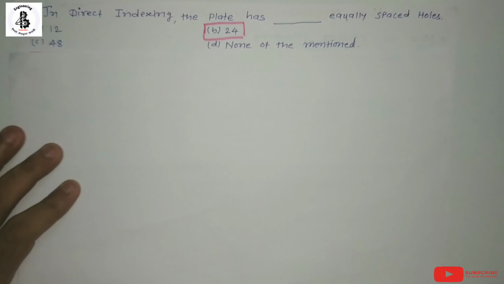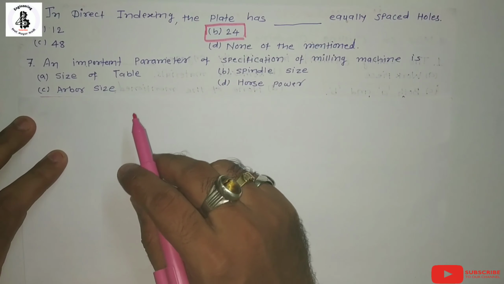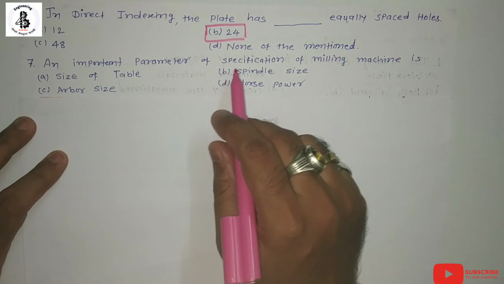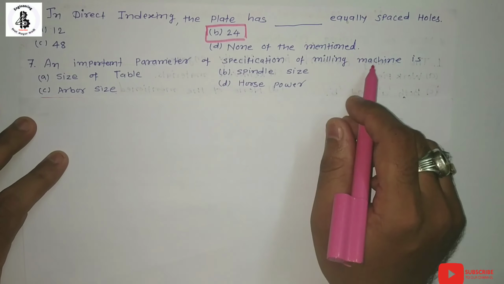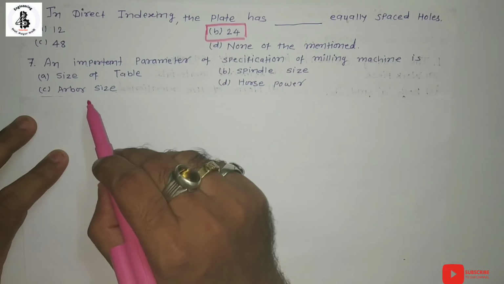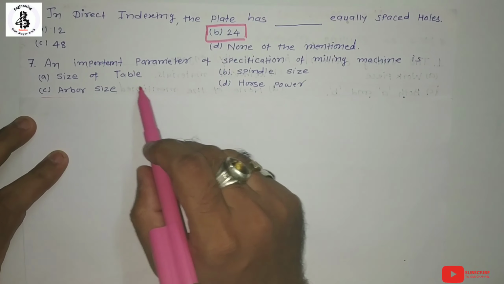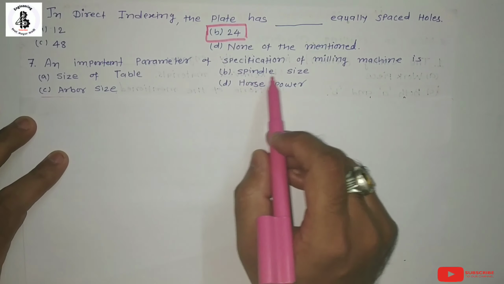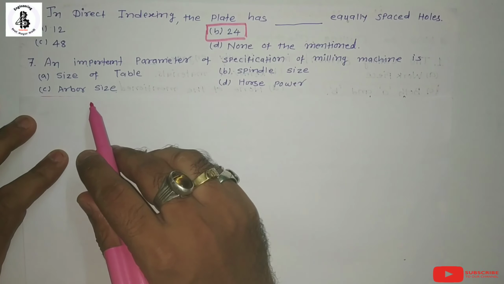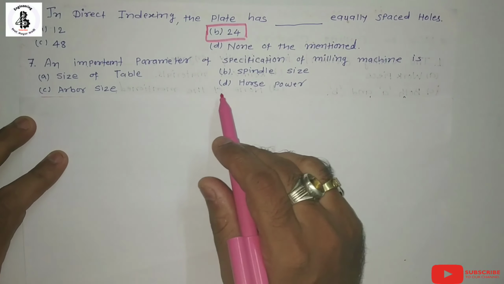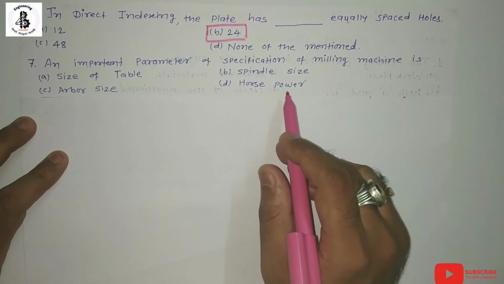The next question. An important parameter of specifications of milling machine is option A, size of the table, option B, spindle size, option C, Arbour size, and option D, horsepower.